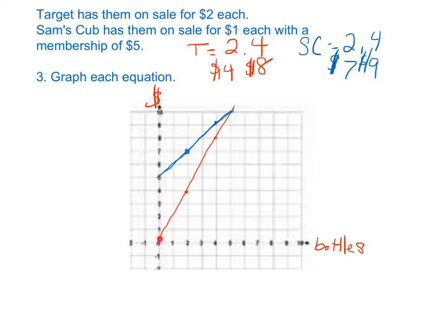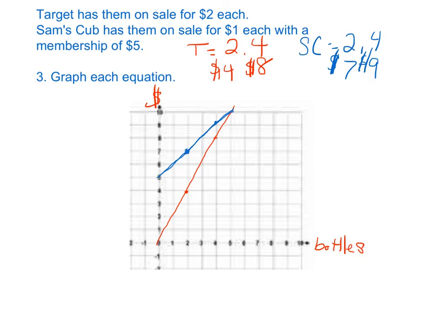We will call this the y-intercept, and we're going to find a much more mathematical approach to it. We're going to be able to take the equations we found, C equals 2b and C equals 1b plus 5, and graph them without putting in any data. But that's where we're going. That's not where we are right now.